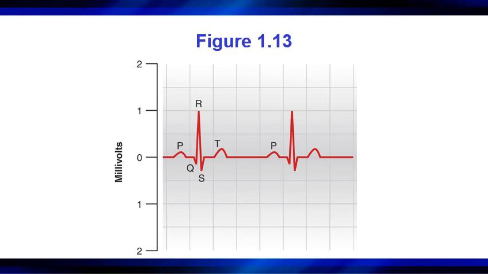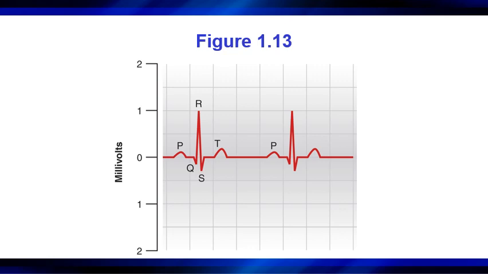Then you have your T wave, which represents ventricular repolarization. Just to go over that again, the P wave is atrial depolarization, atrial contraction. The QRS complex is ventricular depolarization with atrial repolarization kind of hidden within it. And then the T wave is ventricular repolarization.